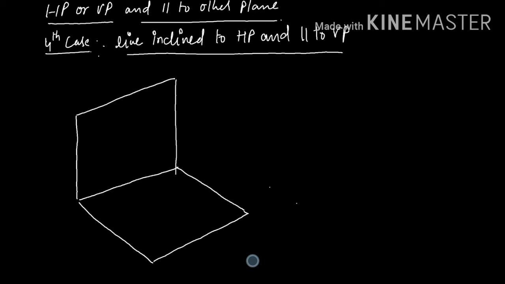I have to draw a line which is parallel to VP and at a certain angle to HP.